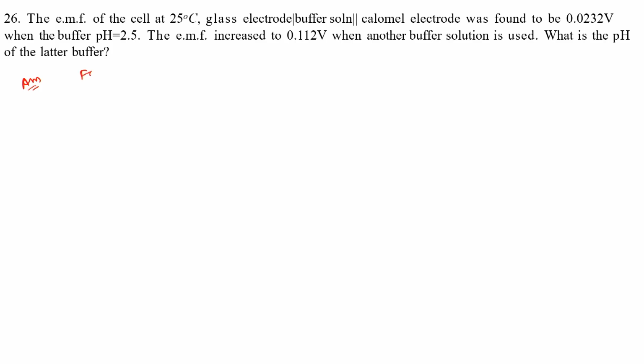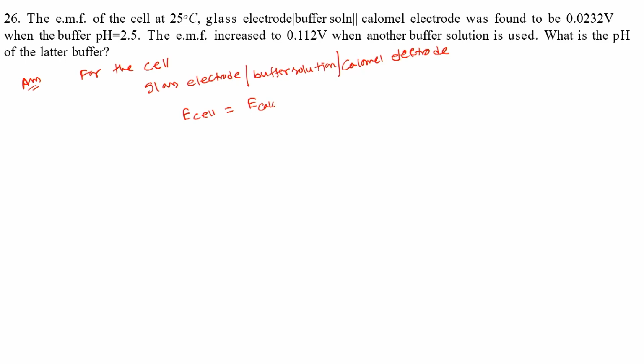So, for the cell, glass electrode, buffer solution, and then calomel electrode, E cell will be E calomel minus E glass.